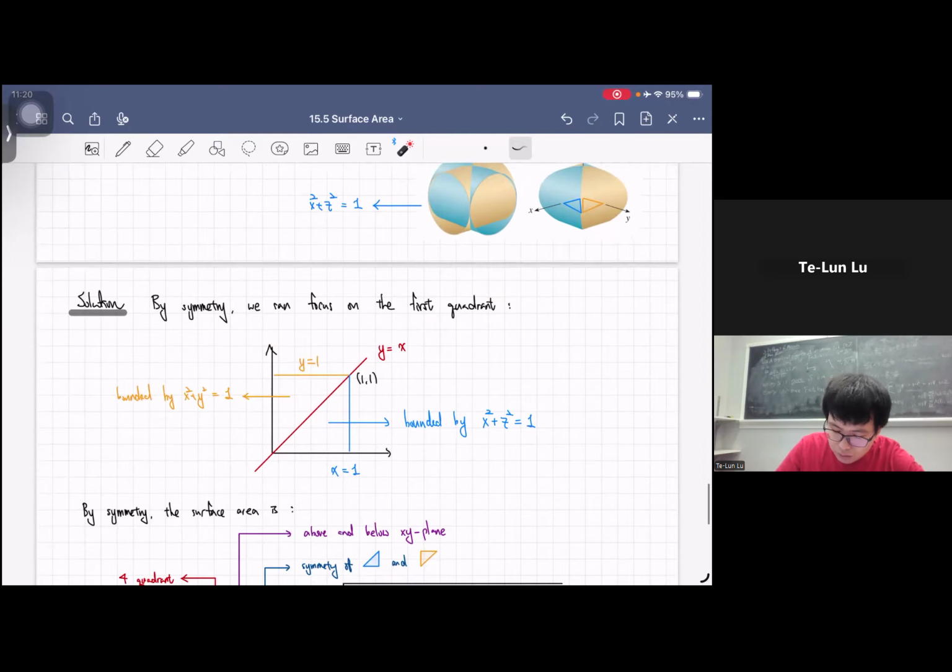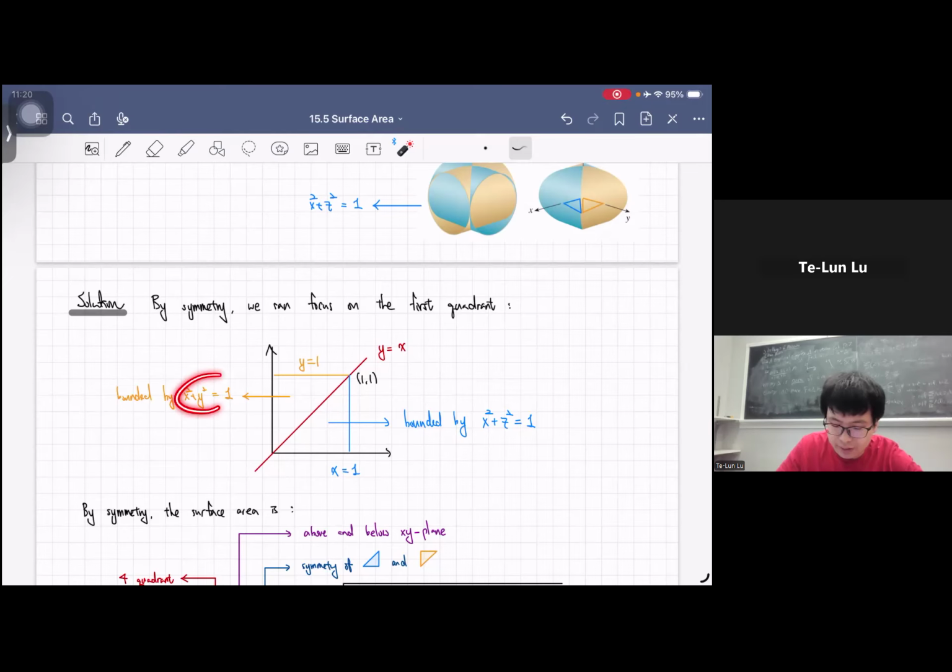So we know that when we're dealing with this blue region, when we're below y equals x, then the region is bounded by the blue curve, x squared plus z squared equals 1. And above the y equals x region, you have x squared plus y squared equals 1.